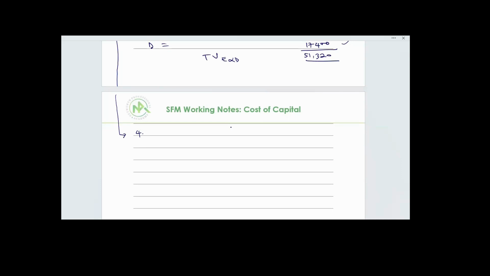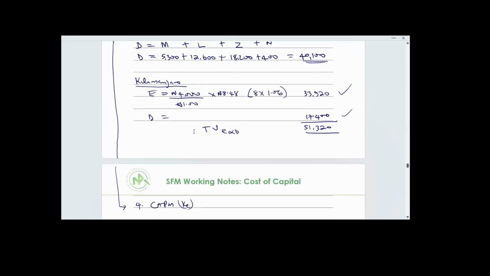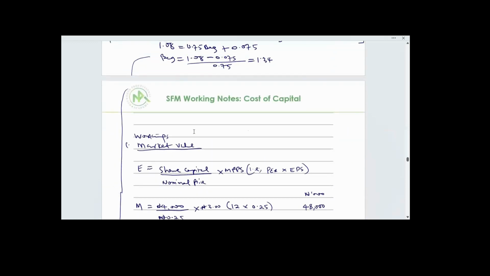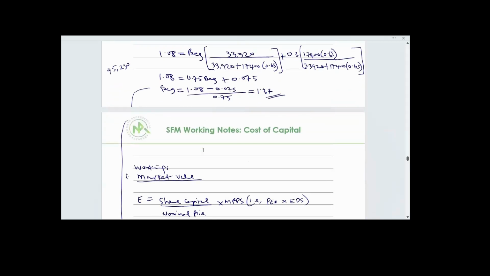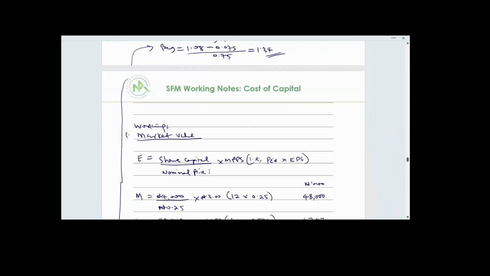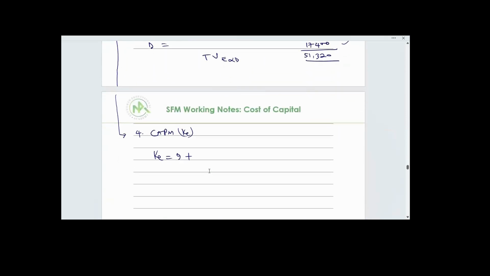Okay, so step 4 is to calculate cost of equity, which is Ke. So cost of equity equal to the risk-free rate of return of 9% plus the beta equity of a gear that we just calculated, 1.34. Market risk premium is 7%.